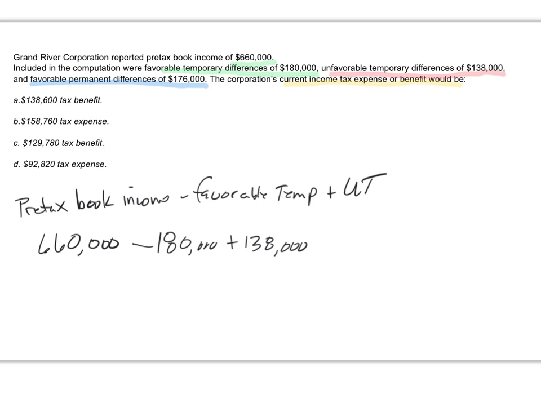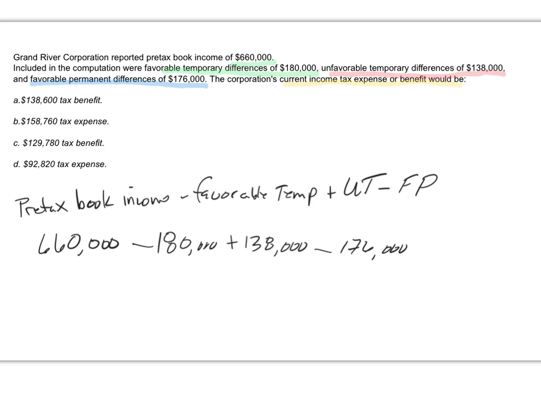And now we have favorable permanent differences, so we subtract our favorable permanent differences, and that is 176.